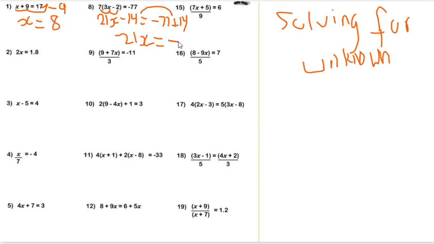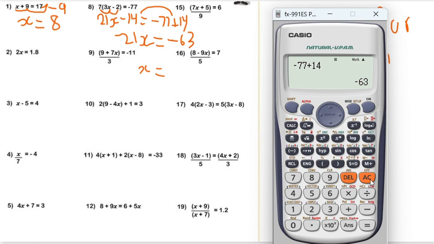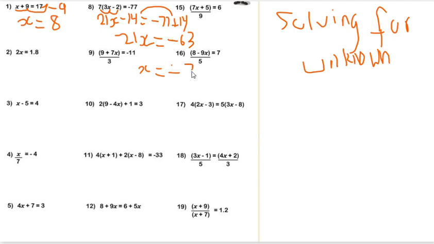So our final answer here is negative 63. Now, to find the value of x, we have to divide both sides by 21. Negative 63 divided by 21, our final answer is negative 3.